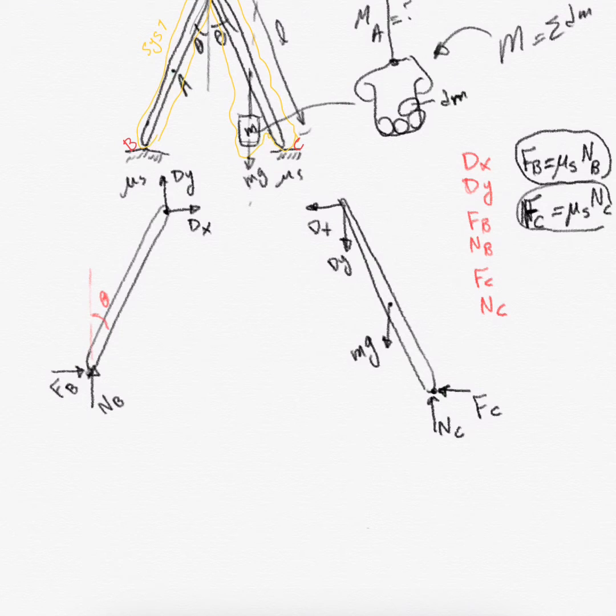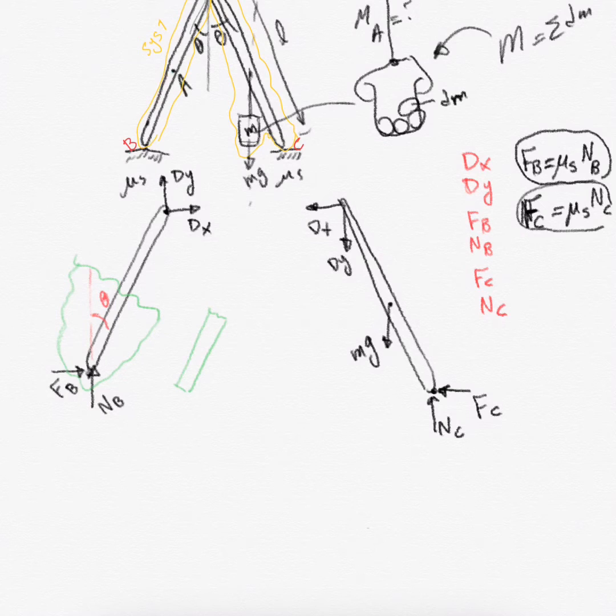My purpose right now is to find all these unknowns, because if I find that, then I can simply cut it here, right, and consider the portion of the system on the left, and then I can draw the FVD.